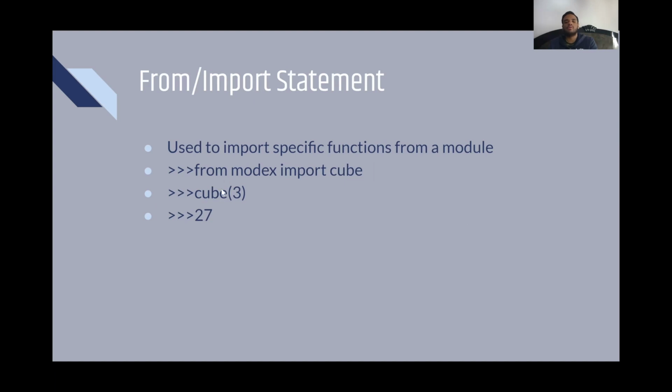When we say cube(3), it recognizes modx, so we don't even have to say modx because it's from modx. We're trying to find the cube of 3, which is 27, because 3 times 3 times 3 is 27. So that's how we import modules in Python. We just say import, and we had a little bit of a preview of that when we worked with classes and the turtle graphics, right? We imported modules into our code.